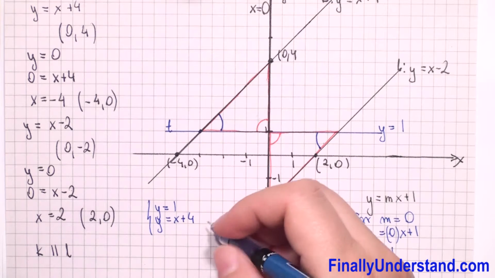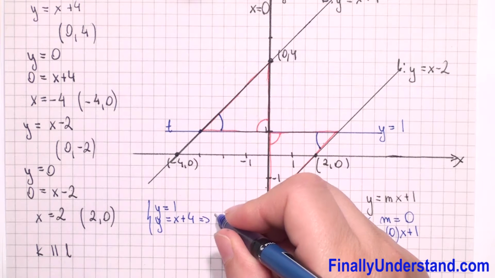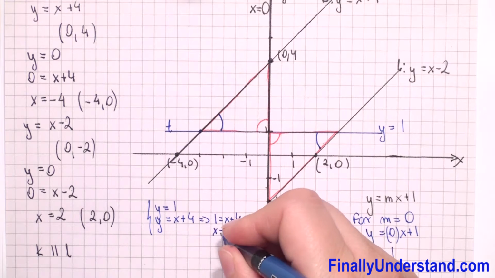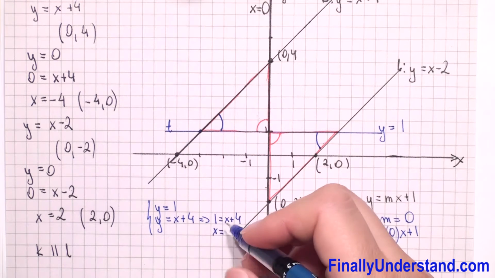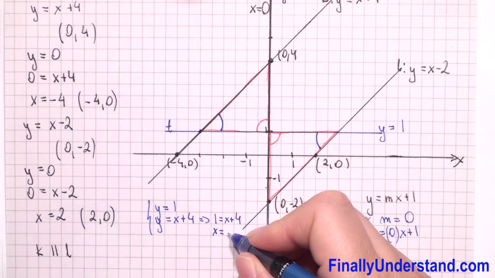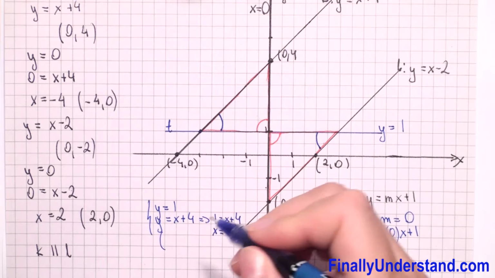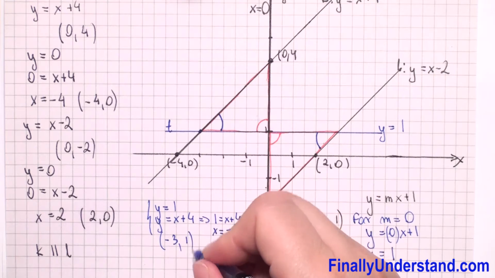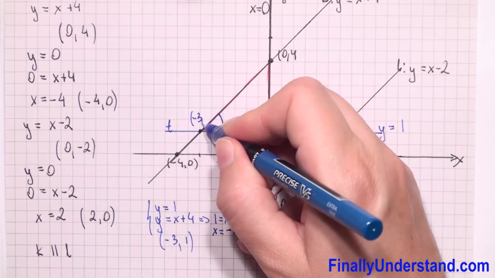We have 1 is equal to x plus 4. So x is equal to 1 minus 4, which is negative 3. So we have the point x is negative 3, y is 1. So this is our point (negative 3, 1).